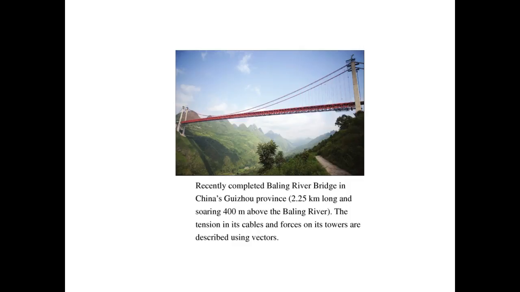And then they run those cables down from there and then suspend the bridge. That's called a suspension bridge. The Golden Gate Bridge in San Francisco, California, that's a suspension bridge. Not nearly as tall as this one, maybe actually a little longer. It seems like it is, but this is quite a feat.